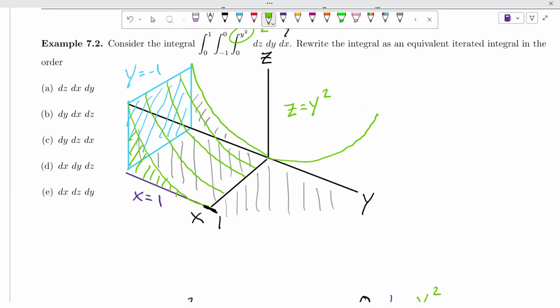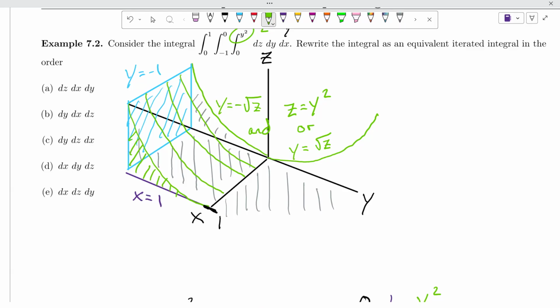But that green one is currently in a z equals a function of y format, so I need to change it around so that I have y equals the square root of z, and y equals the negative square root of z. Right, since when I take the square root of a variable, I'm going to end up needing a plus or minus.